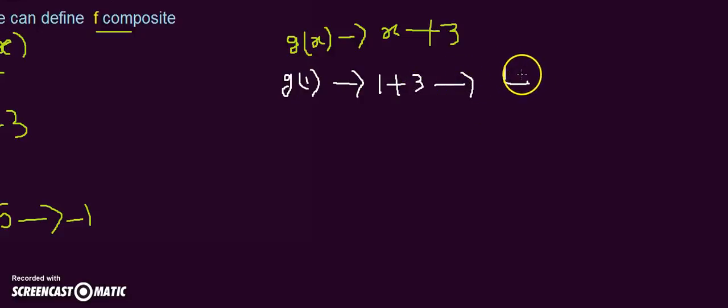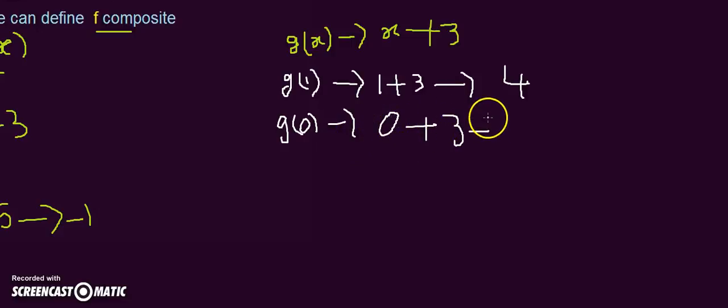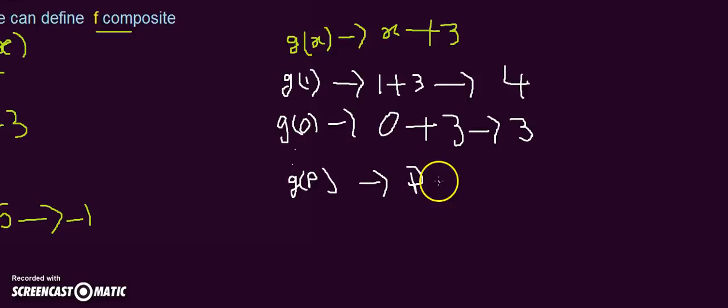If I want to find g of 0, g of 0 will be 0 plus 3, which is 3. So in general, if you want to find g of p, it will be p plus 3. So this is about our g of x.